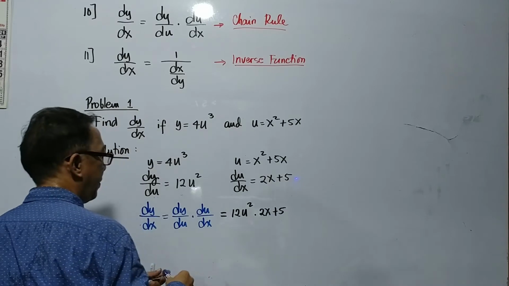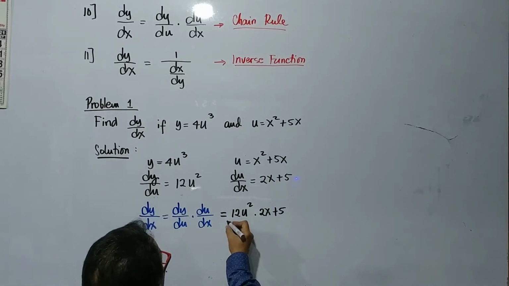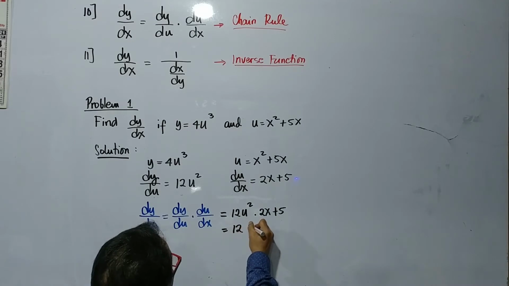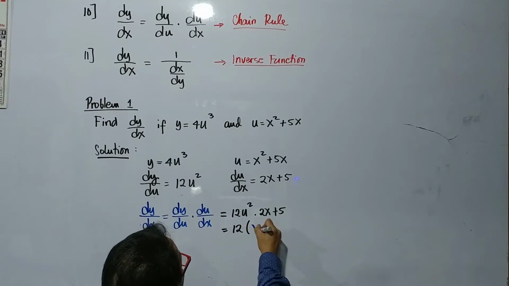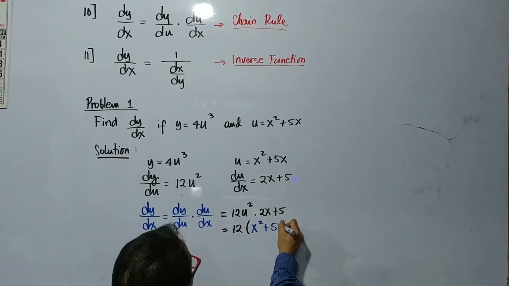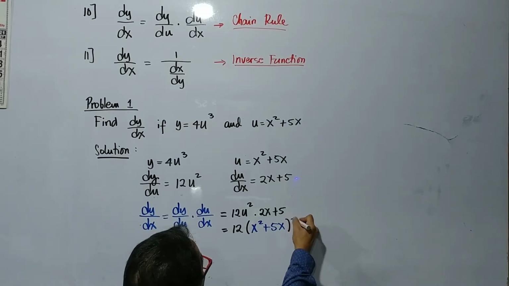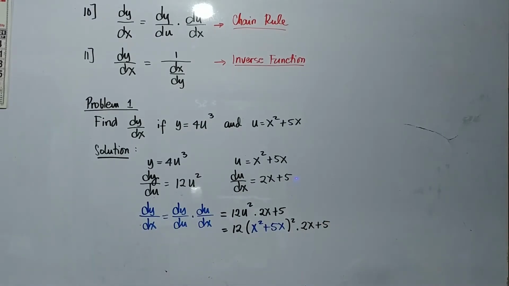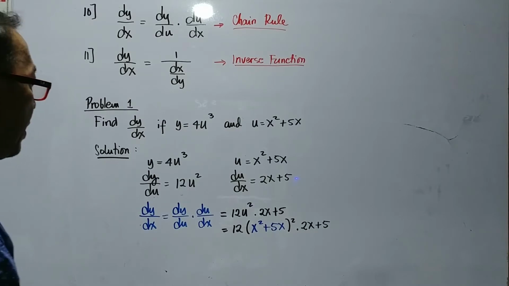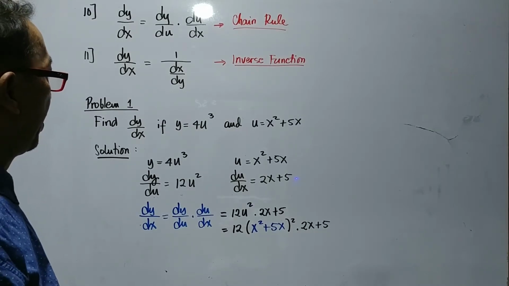So we have now 12 times (x squared plus 5x) squared times 2x plus 5.